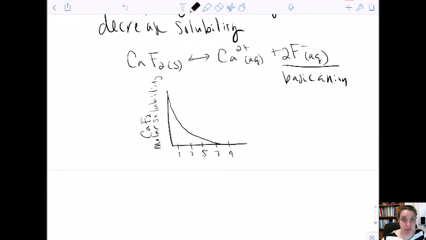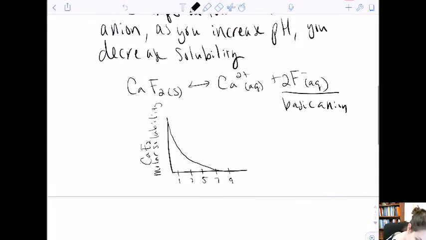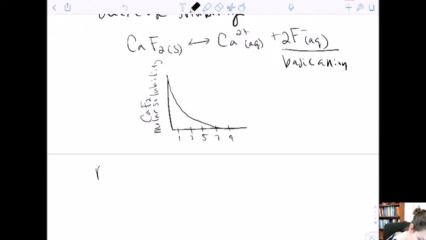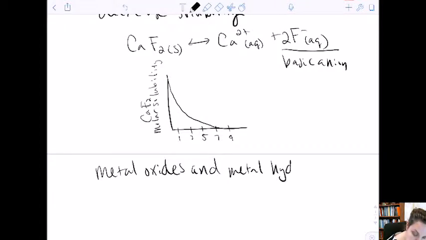Another thing that will happen, so we have some metal oxides and metal hydroxides. As we change the pH, we're actually going to increase our solubility.